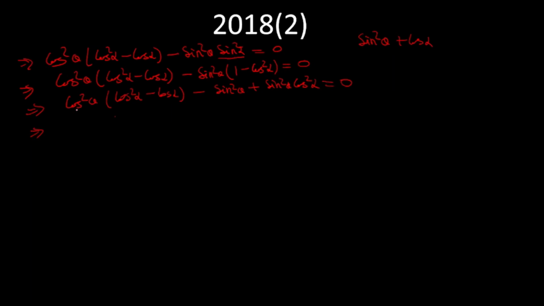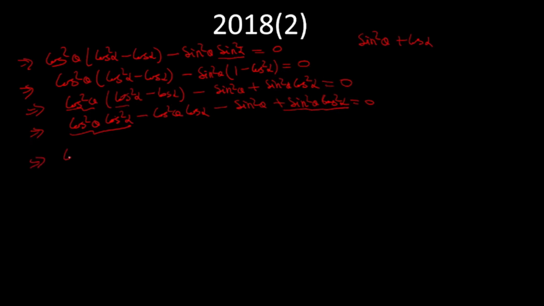So I also multiply this, so we get cos square theta cos square alpha minus cos square theta cos alpha, and here minus sin square theta and sin square theta cos square alpha equal to 0. So I write this and this in one place.